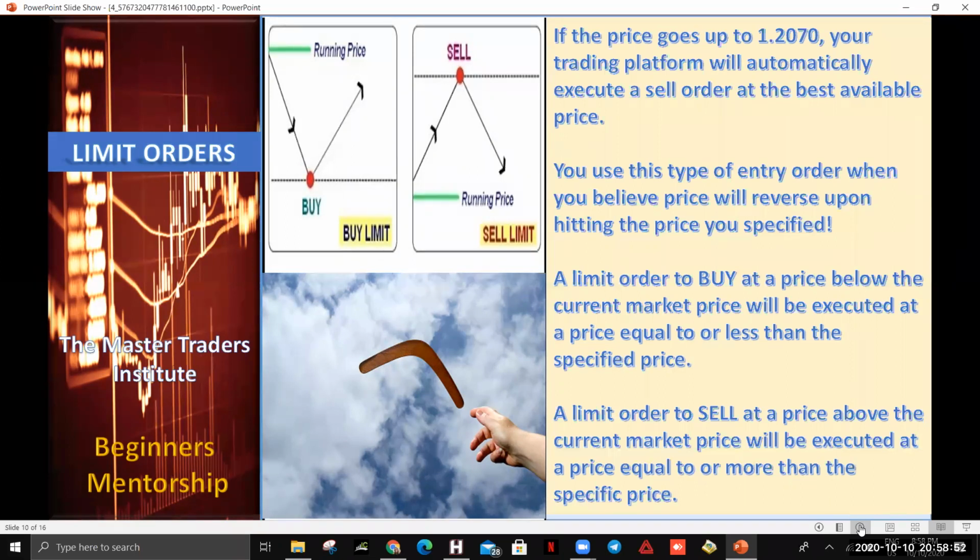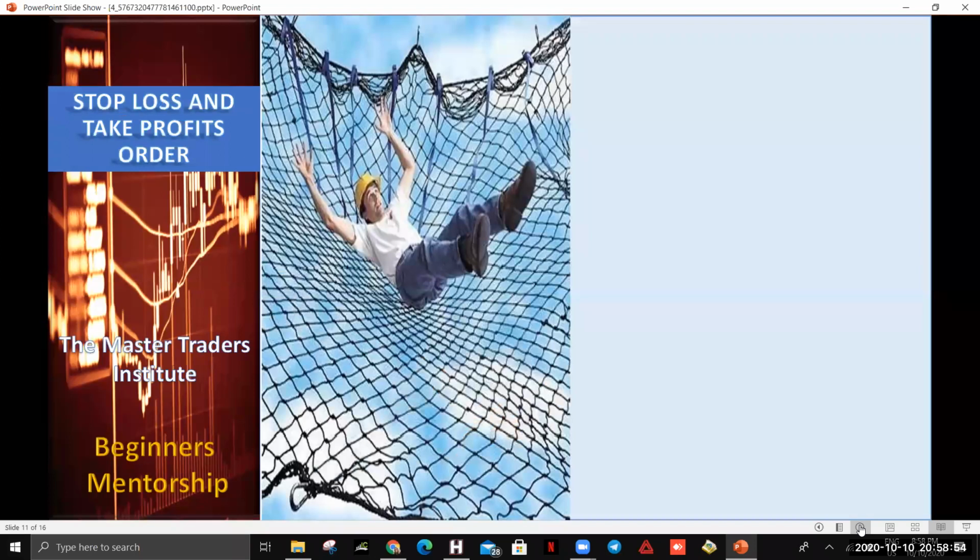Stop loss helps you. For instance, you have $500 in your account. If the price is going against you, maybe you've done your analysis and you took a trade, expecting that price will go your way, but unfortunately, it did not. Instead of going in your favor, it started going against you.